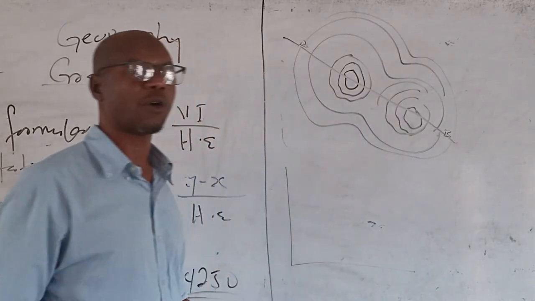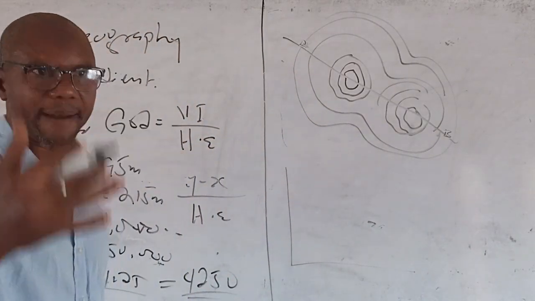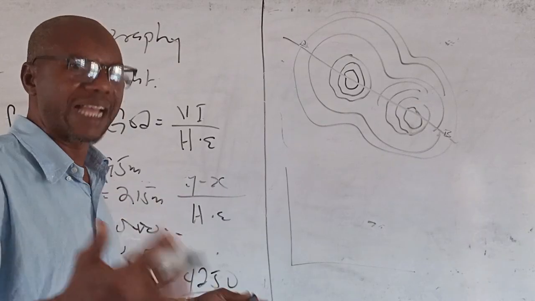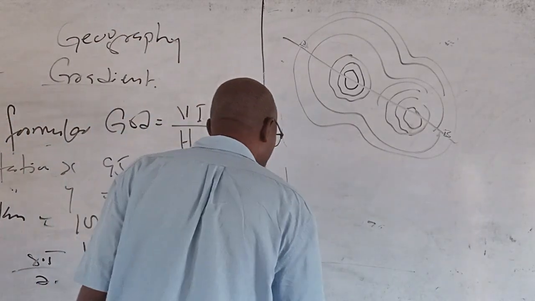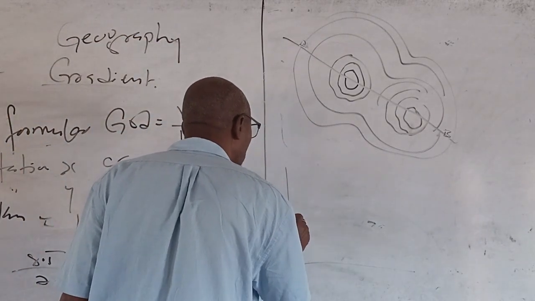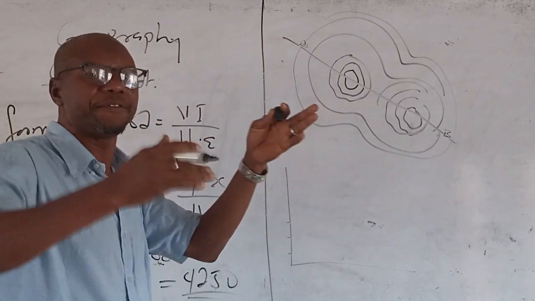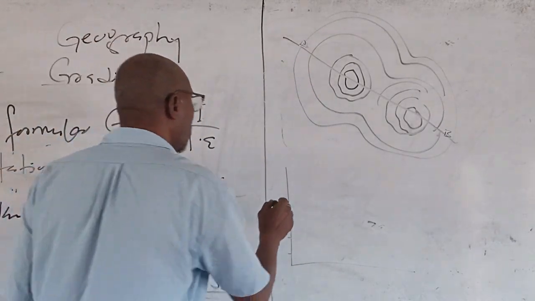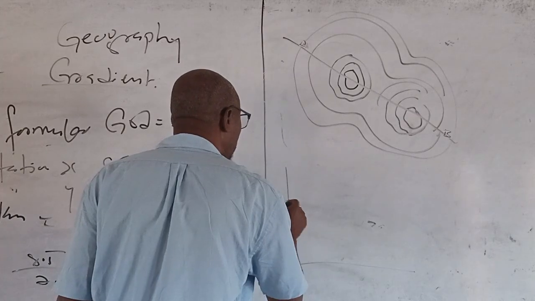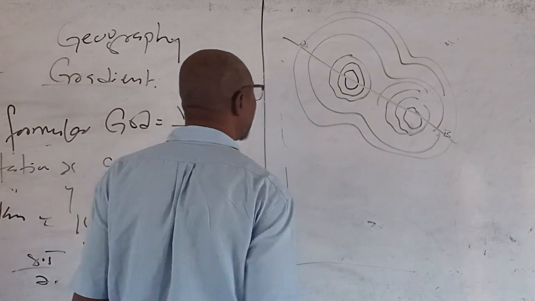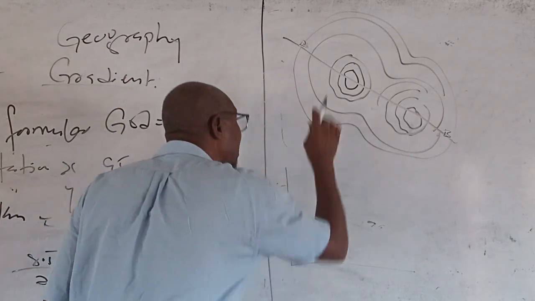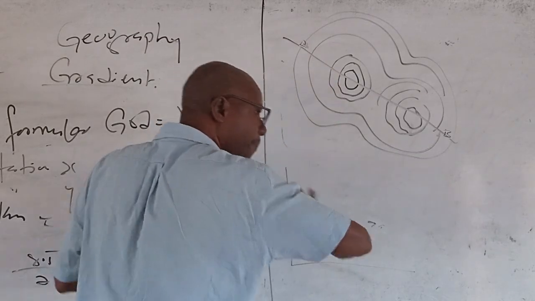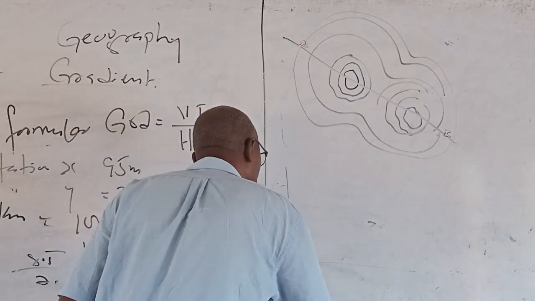Take your scale. You can make 50, 100, 150, 200, 250, because the interval is 50. Now you show the mountain on the plain paper. It's shown in this form.